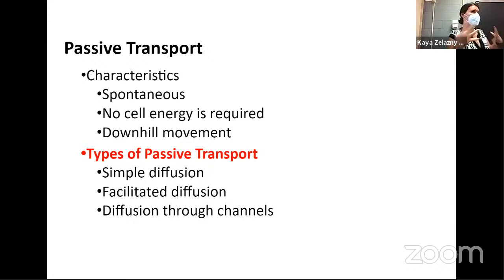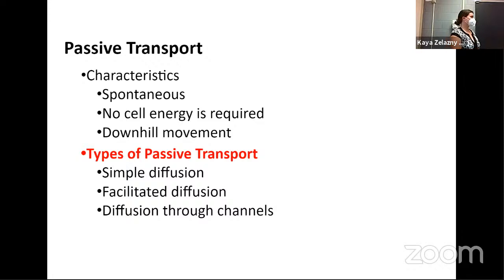So we move from higher concentrations to lower concentrations until our net flux reaches zero, until we are at diffusional equilibrium. This happens spontaneously because this is kind of just due to statistics and probability and the fact that molecules are moving around all the time. So no energy from the cell is required. This is kind of just a physical property of the universe, right?